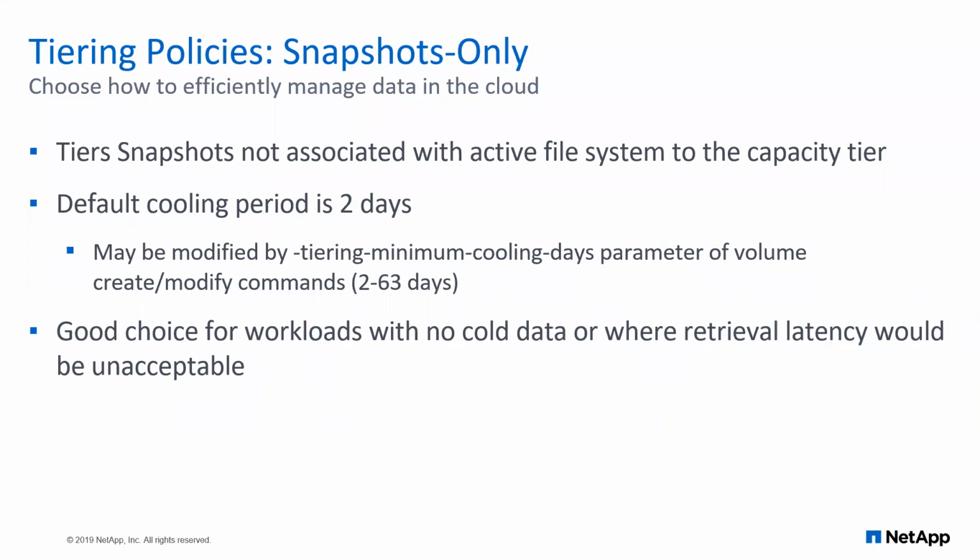I don't think most customers find it to be a big deal, but if you've got a workload that requires crazy fast performance, and it'd be a problem if data that somehow ends up in the capacity tier is impacted by some latency, stick with snapshots only. You probably just don't really want to be tiering data for workloads like that.